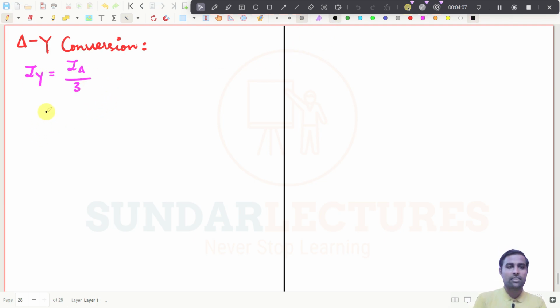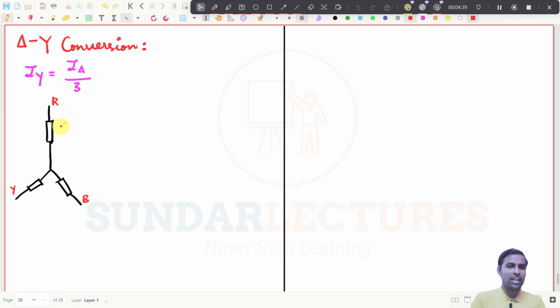Generally, we have a delta connection like this, right? This is the delta connection, and we know these kinds of things. This is the R phase, the Y phase, and the B phase.